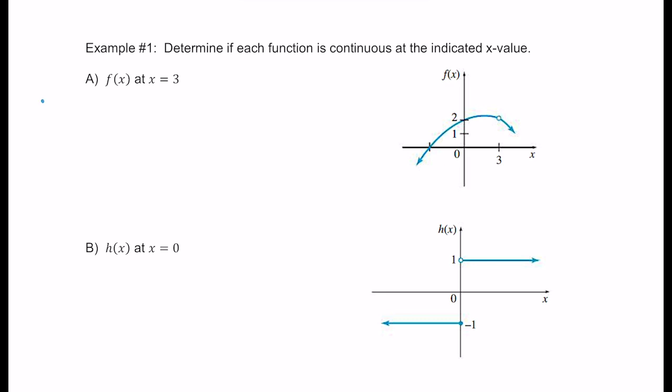The first one we're going to look at is, does f of x exist at x equals 3? So here we can see x equals 3, but if I go above, I can see an open circle there. An open circle indicates that f of x does not exist at x equals 3, right? It's not defined. So therefore, it's discontinuous at x equals 3. Okay, so does f of x exist at x equals 3?